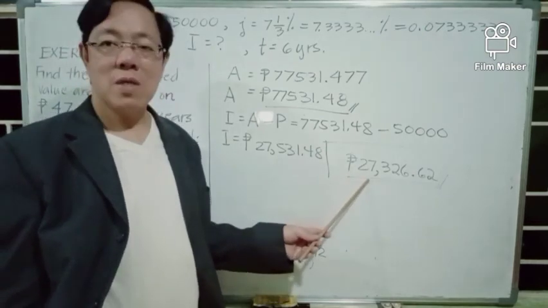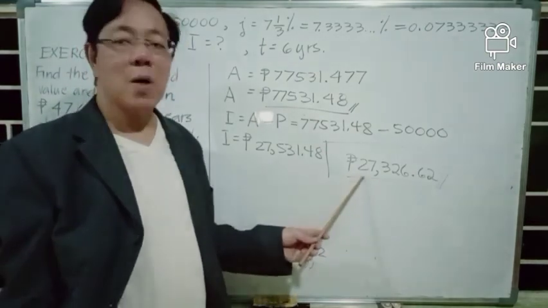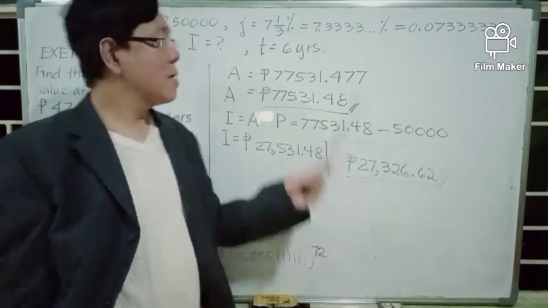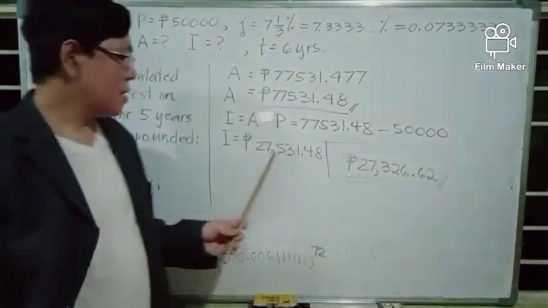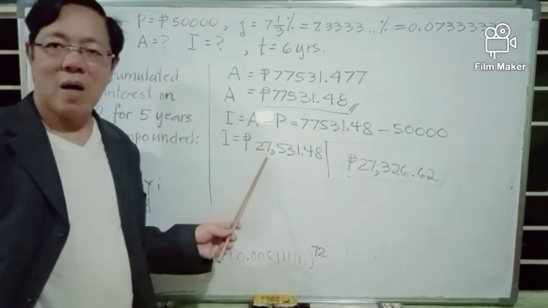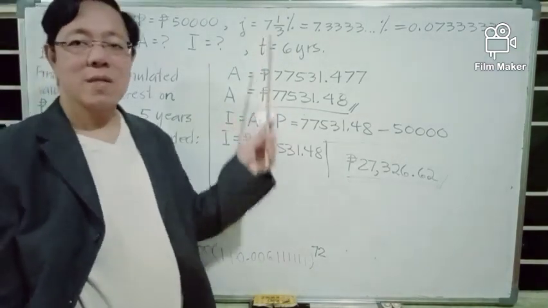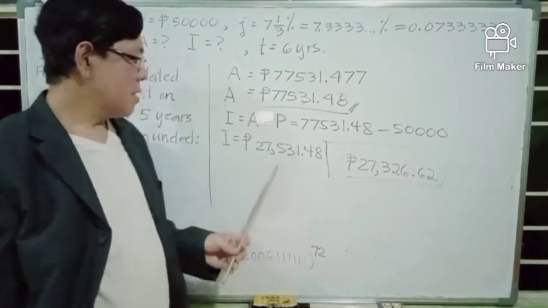This is the amount of compound interest computed at this rate but compounded quarterly. And this is the amount of compound interest at the same rate compounded monthly.